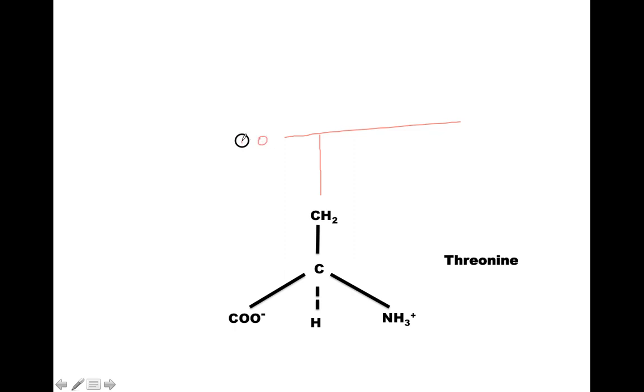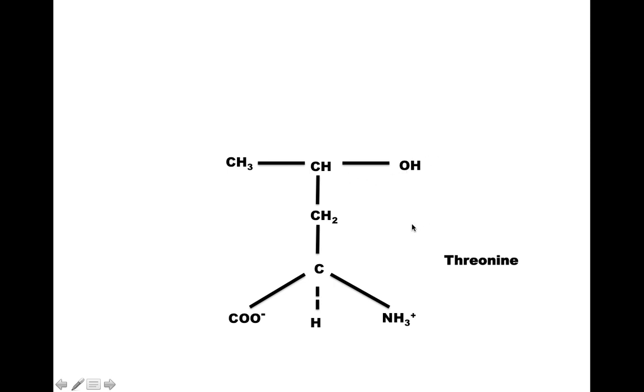So on one side you make an OH and on another side you make a methyl group, and this is the structure of threonine, in which we have a methyl group and a hydroxyl group on both the sides.